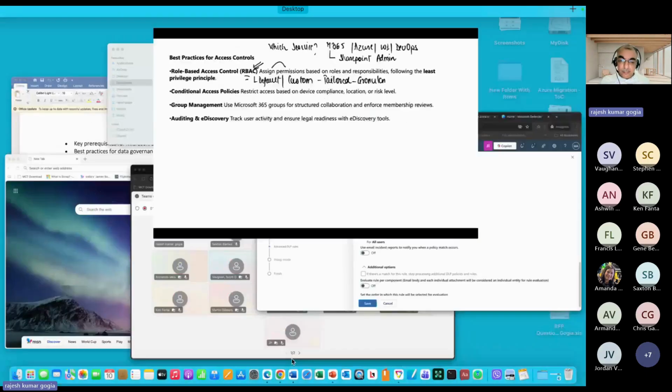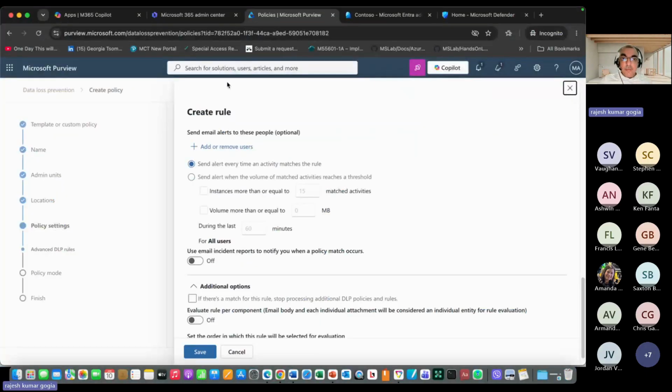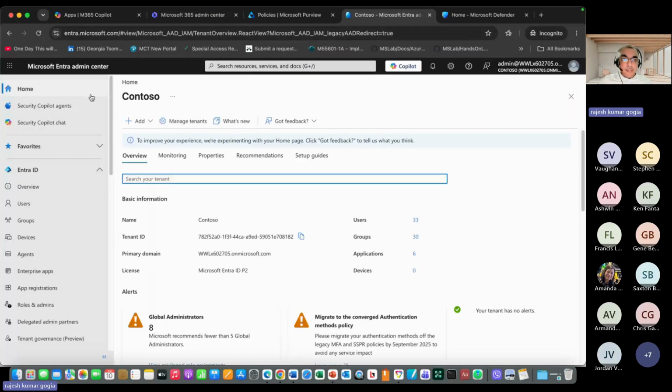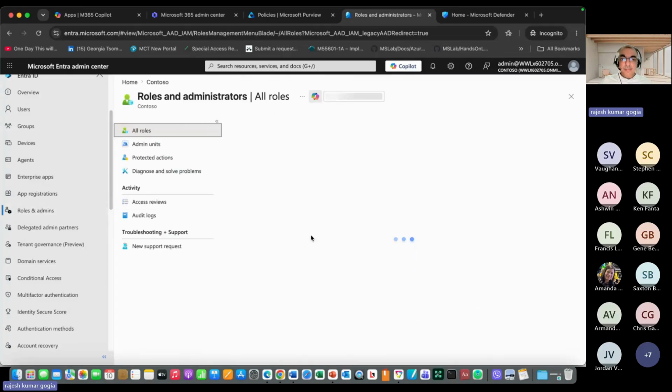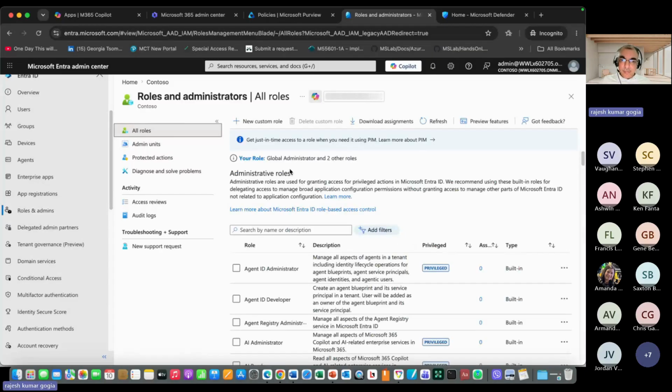So if you look up, if I go down to Entra, see, this is Entra, and this is just to give you a glimpse that there are so many different roles, and Microsoft gives you flexibility that you can create your own custom role as well. There are so many built-in ones.